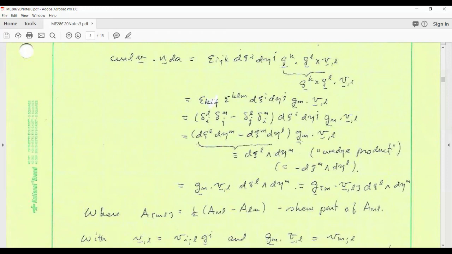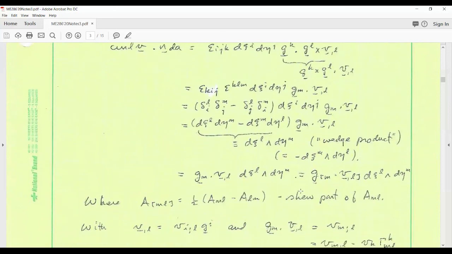So we have now g_m dot v comma L, d psi L wedge d eta M. This is nice because we have now a sum on L and M. Because this is skew symmetric in the indices, the summation only sees the skew symmetrized indices ML.